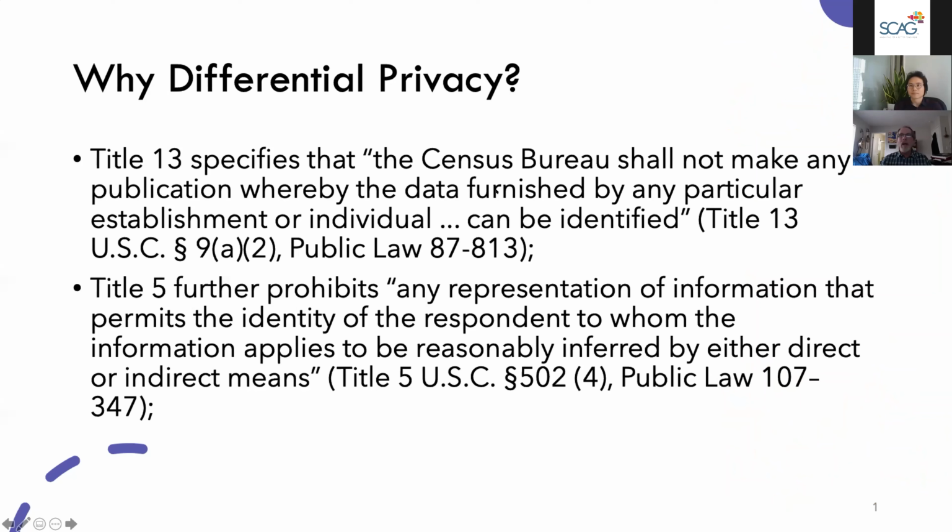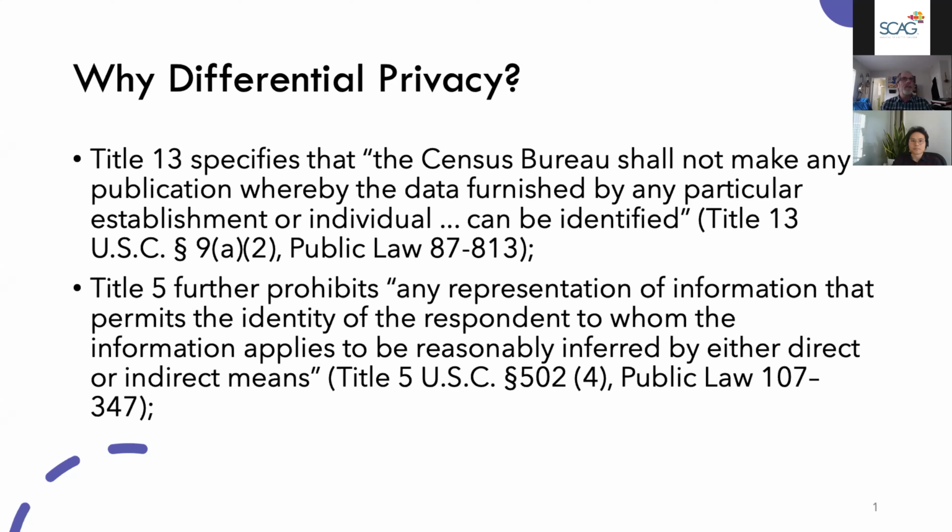So, why differential privacy? The Census Bureau cites two reasons for implementing it. Title 13 is the main reason they cite, and it comes down to the fact that the law states that the Census Bureau shall not make any publication whereby the data furnished by any particular establishment or individual can be identified.